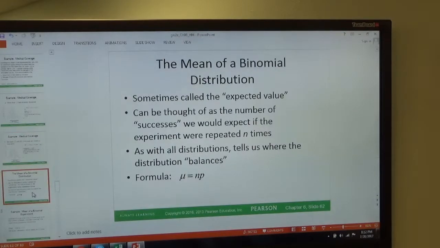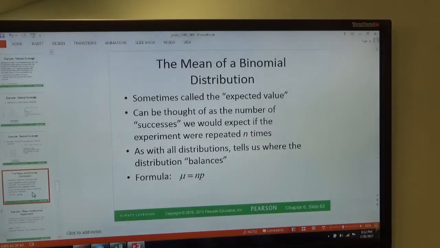Also, sometimes the binomial distribution will ask you what's the mean and what's the standard deviation. It's extremely simple because the mean is n times p. You survey 80 people. If 11% said yes, then 80 times 11% is 8.8. You round it to 9.